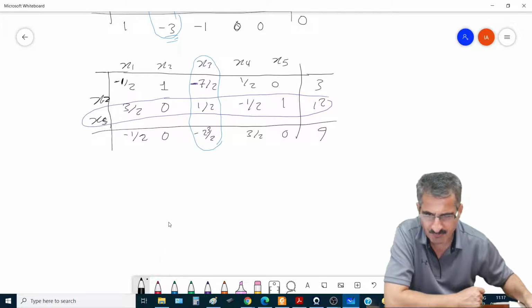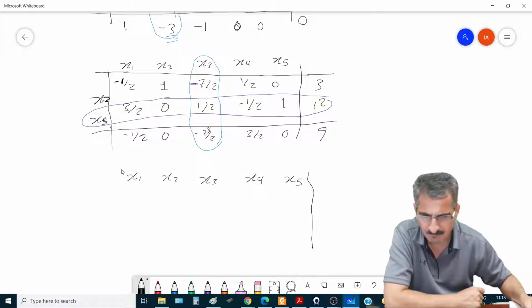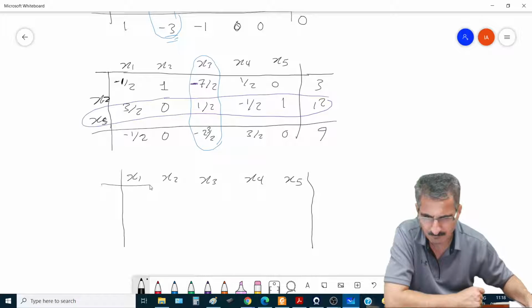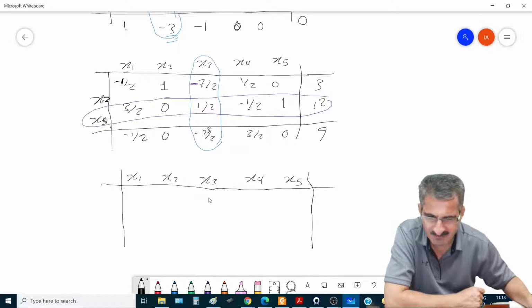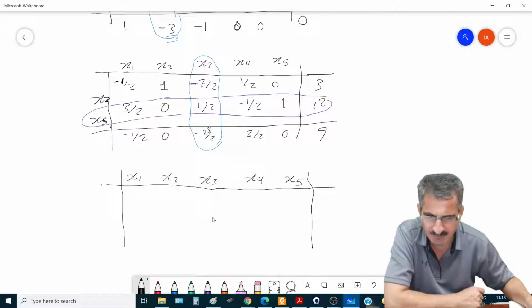Okay, so we will divide the second row by 1/2.